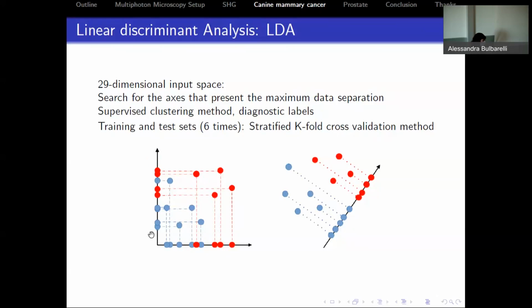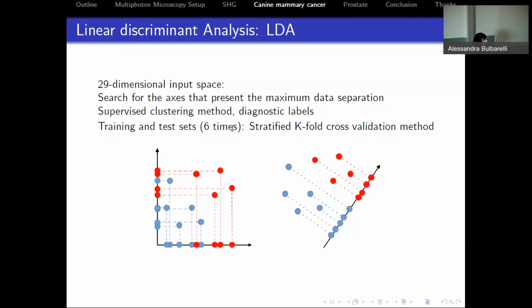So we have angles of presentation of this data that, depending on the axis, look quite mixed. But if we choose the right axis, we can project all this data along one direction so that we can see them separated. So this is the idea of this technique, to search for axes to present the data in a way that they can separate better.